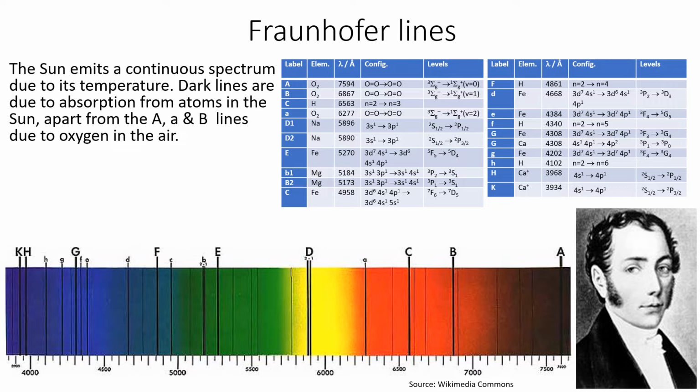I think he realised that these dark lines must represent the line spectra of atoms in the sun absorbing characteristic frequencies. And in fact, by comparing the line spectra of elements on Earth with the lines in the solar spectrum, he was able to identify elements in the sun.